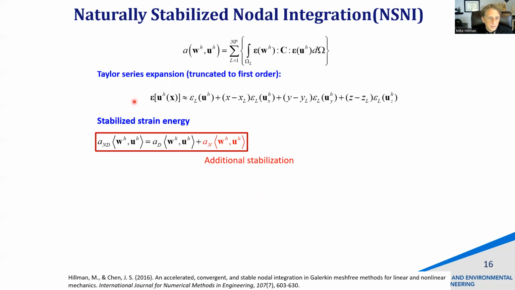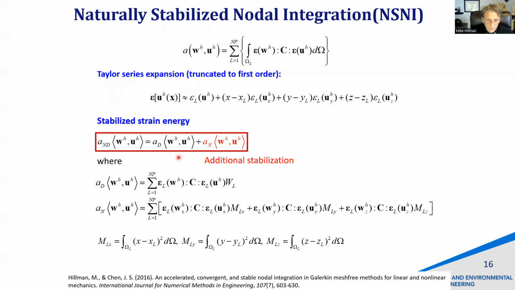Okay, here's the stabilized strain energy. So what happens is I plug this into the bilinear form, right? And as you can imagine, these odd terms, so if I have the product of this and this after I plug this in, these odd terms are going to drop out. I'm left with nothing but even terms and this constant term. So the constant term I'm showing here in the first term, A sub D, is just the nodal strains.